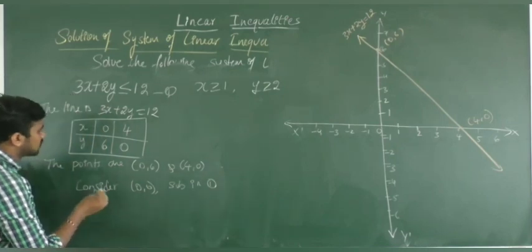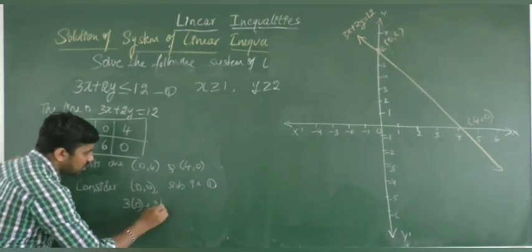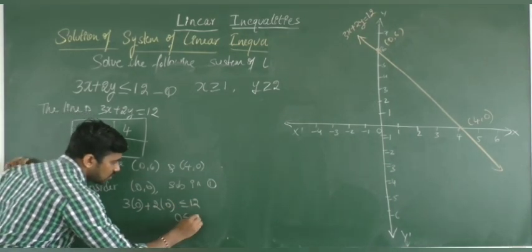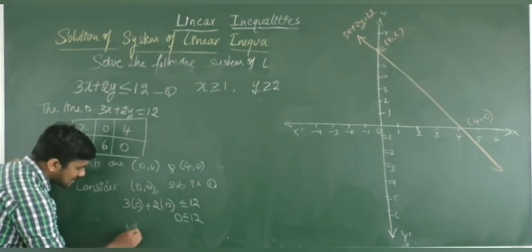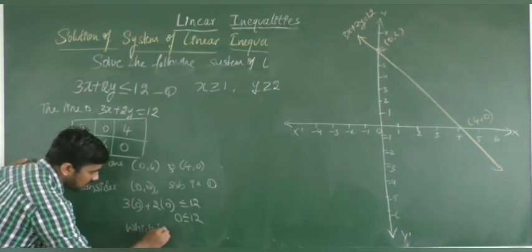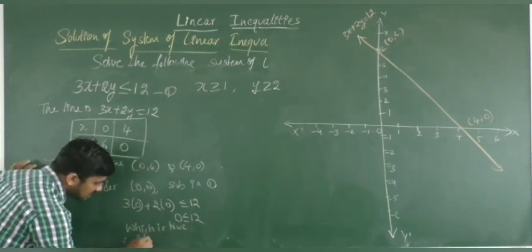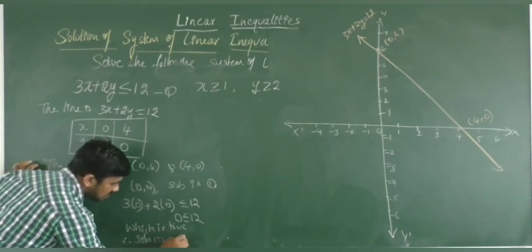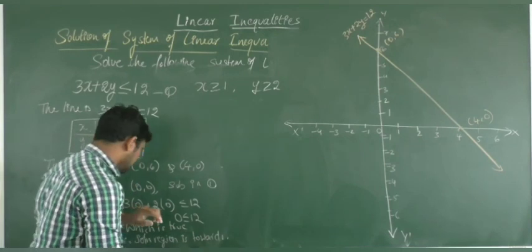Now substitute the values x is equal to 0 and y is equal to 0. What will we get? 0 less than or equal to 12. Whether 0 is less than 12, obviously it is true. So clearly we can say which is true. Therefore, the solution region is towards the origin.